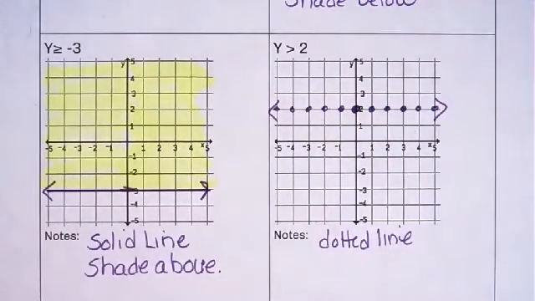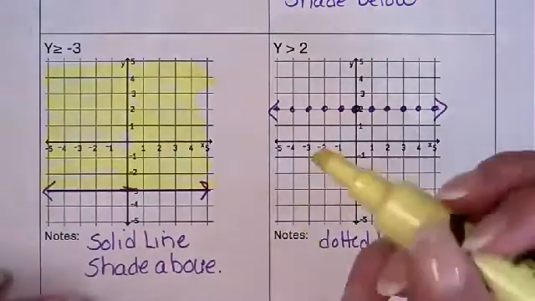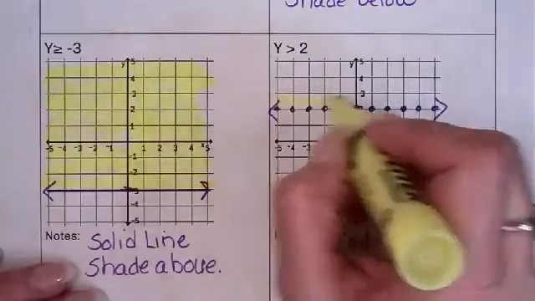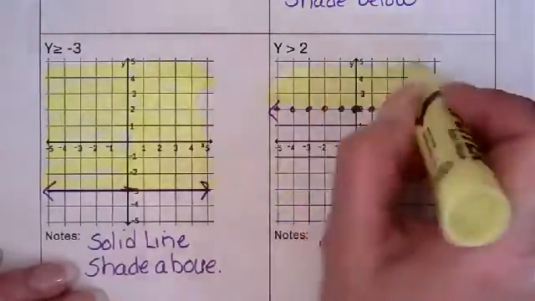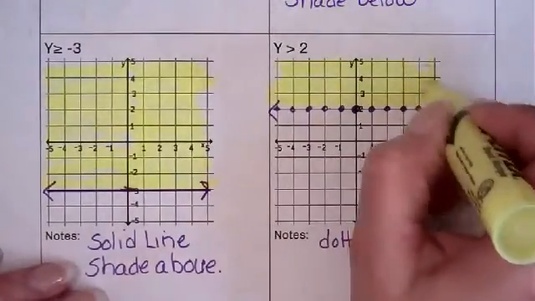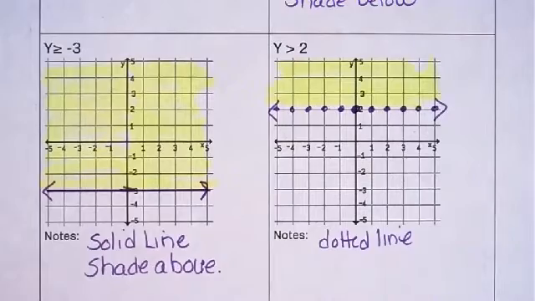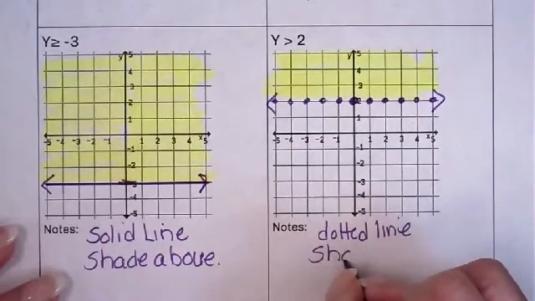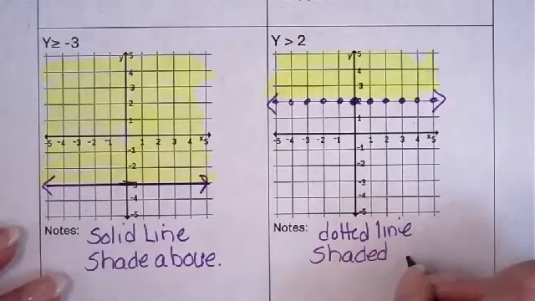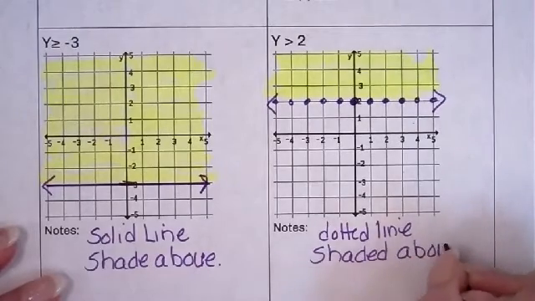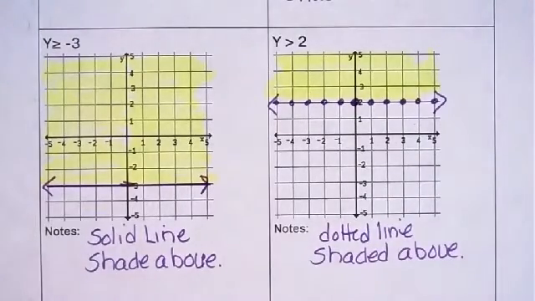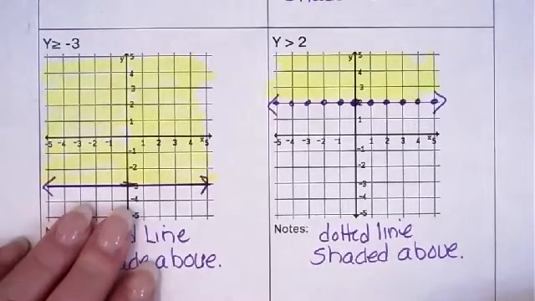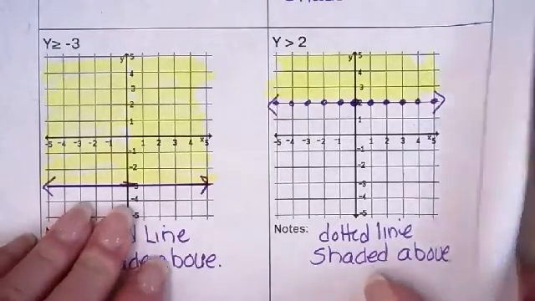Now, our shading is still going to be above, because it was greater than. All right, now go ahead and pause, copy, and then we'll move on to our vertical lines.